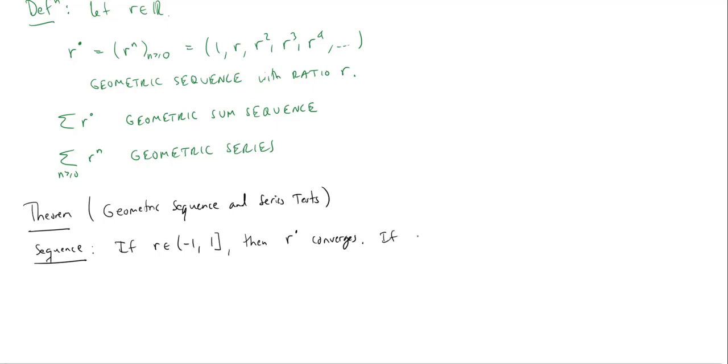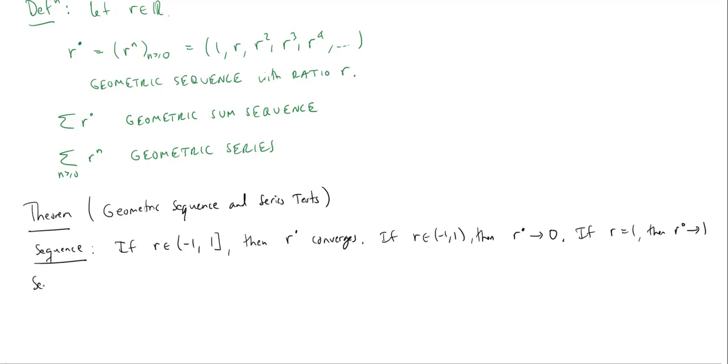So if r is in -1 to 1, not including 1, then r^n converges to 0. Okay, well, what if it's equal to 1? Well, that's easy. You get 1, 1, 1 squared, 1 cubed, 1 to the fourth. It's the constant sequence. So if r equals 1, then r^n converges to 1. It is just the constant sequence.